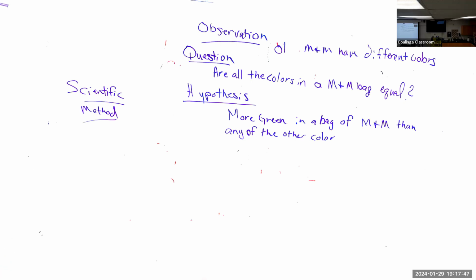Okay, so then after that, we're going to actually set up the experiment, right? And we're going to do the experiment, and then we're going to do the analysis and get our results. So for our experiment, we're going to count the number of M&Ms for each of the different colors. Then we're going to do our analysis.